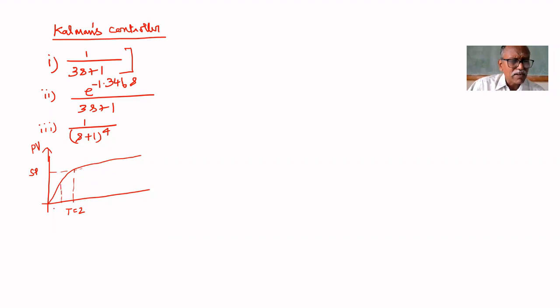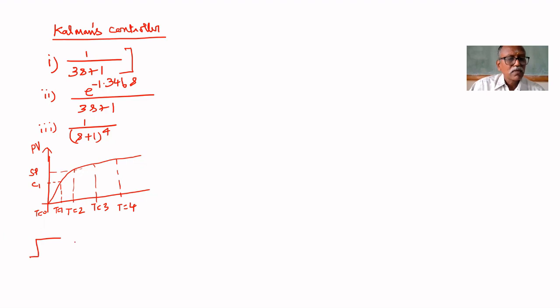At the first sampling period, at t equal to 1, the input is given at t equal to 0. Let us assume that it is C1. The magnitude of the output is C1 at the first sampling period. From the second sampling period onwards, the output is equal to 1 for a set point change, a unit step set point change.